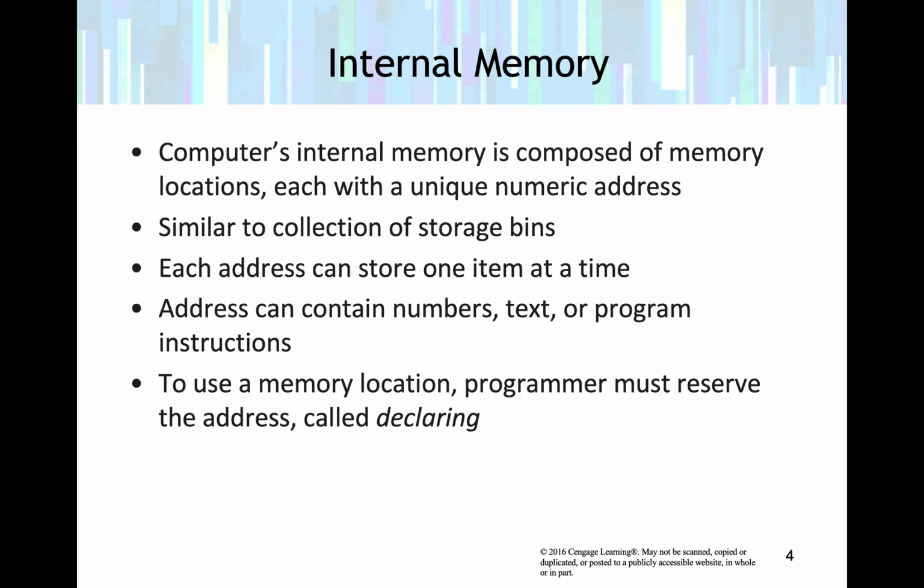So when we are creating the program and we're looking at these inputs and outputs, we have to reserve a little locker, or a mailbox, for each separate input and each output.